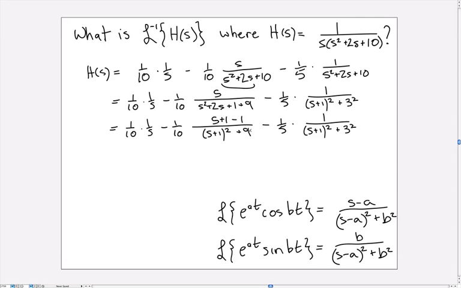And you'll notice now I have an s plus 1, but there's an extra minus 1 in the numerator. But because this expression here is the same as this one here, this denominator, but there's a 1 over 5 in front of it. Let's do this a little bit more carefully then. So let's rewrite this as 1 over 10 times 1 over s minus 1 over 10. And now I'm just going to separate these out as two separate fractions.